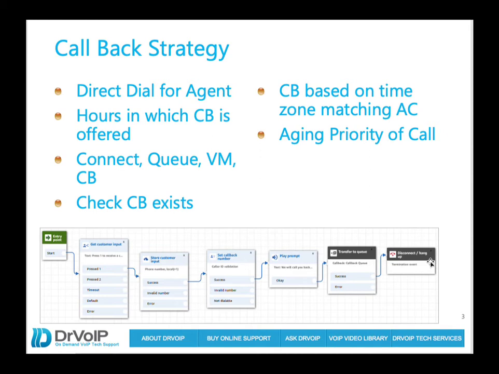Once you put it in that queue, you can't change its status. And when there's an available agent, regardless if it's 7 a.m. in the morning or not, as soon as an agent is available, that callback attempt will be made.